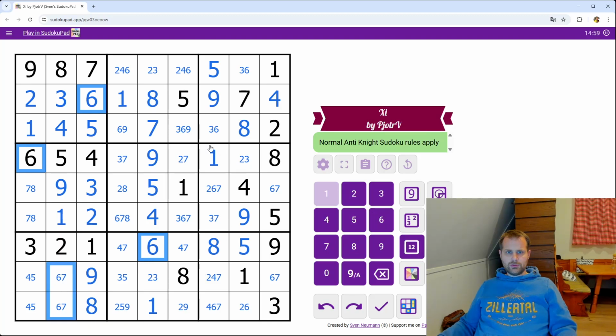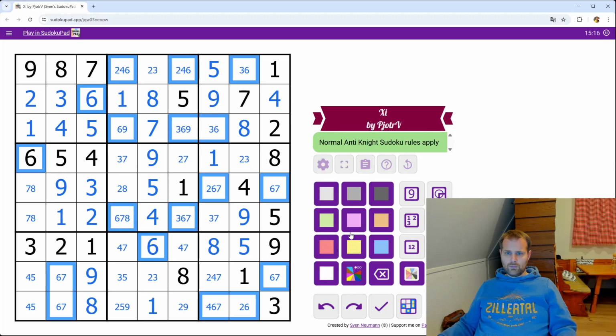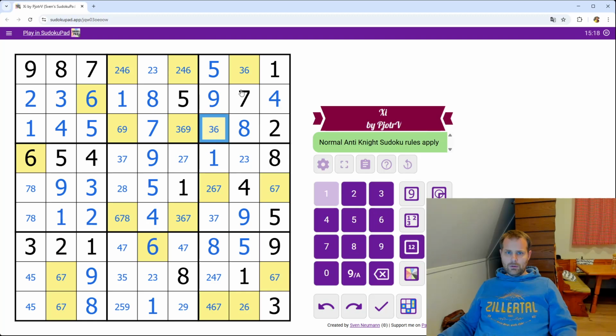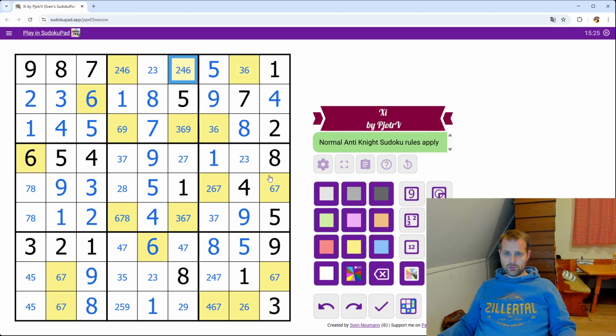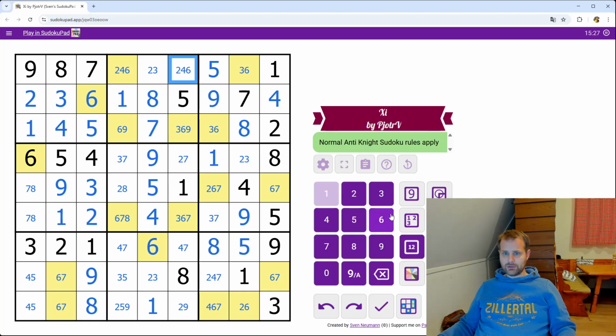The 6s. Also here, this is interesting. Look at this 3-6 pair, they both look at this one, so this can't be a 6.